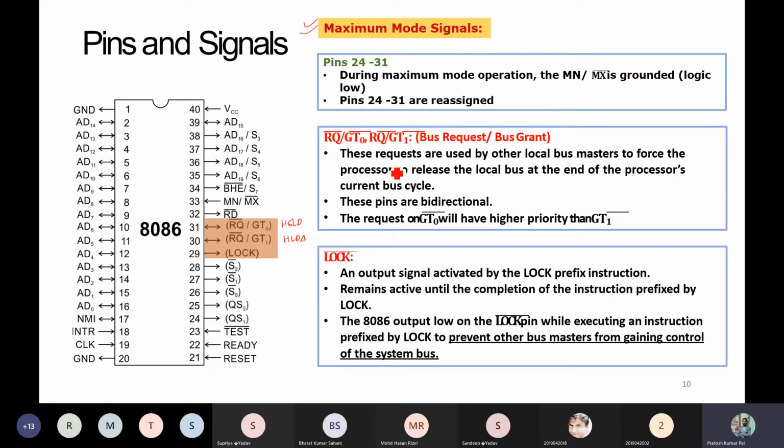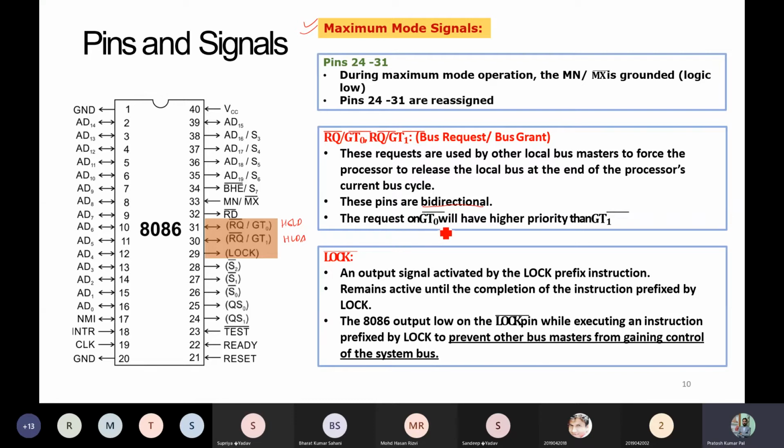These are multi-directional, or bi-directional, working as input and output. They take the request and provide the acknowledgement.